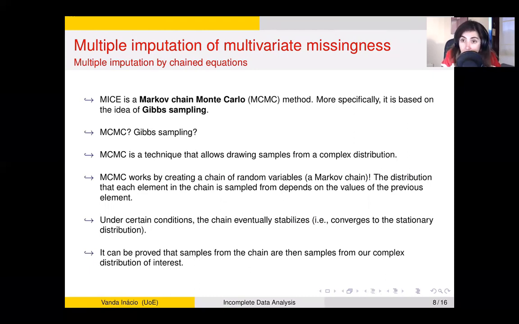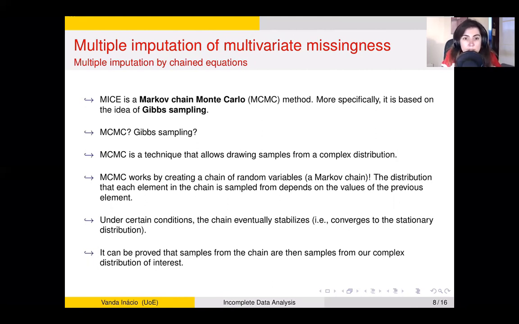MCMC, Markov chain Monte Carlo, is a technique that allows us to draw samples from a complex distribution. It's heavily used in Bayesian statistics, but it's not necessarily a Bayesian technique. We have a multivariate distribution, say, and we want to draw samples from it, and we can use MCMC. That multivariate distribution can be our posterior distribution in the case of Bayesian statistics, but it doesn't need to be.